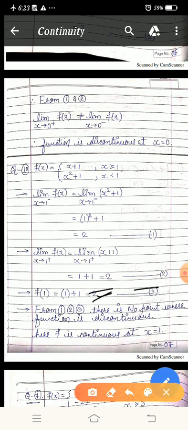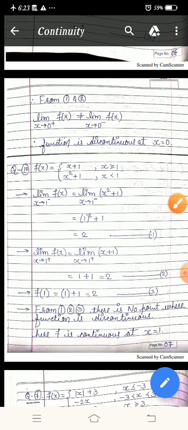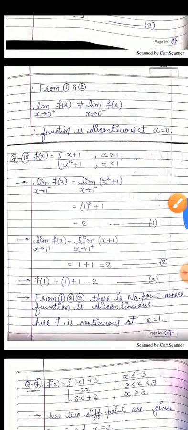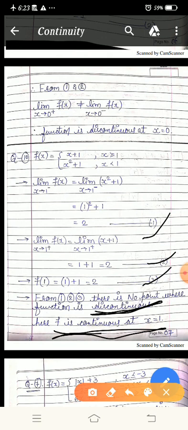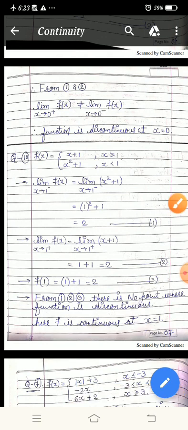That means equation number 3. So from equation numbers 1, 2 and 3, we can say that there is no point where the function is discontinuous. So in other words, f is a continuous function at x equals 1.